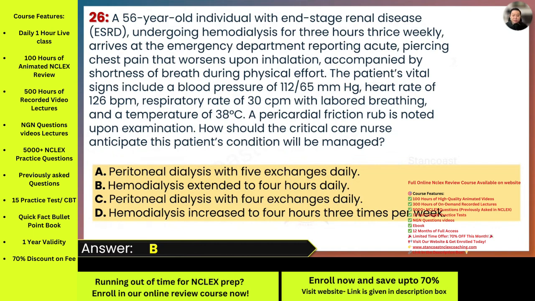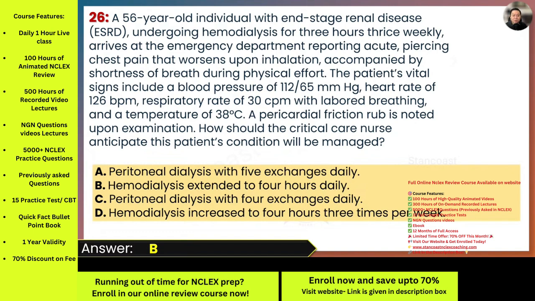The answer that we have in letter B, daily, and it's going to be 4 hours daily, is very important for this type of uremic syndrome to treat the elevated BUN. And the dialysis 3 times per week is generally less effective in removing the waste products to reverse the acute symptoms that we are encountering in this case.